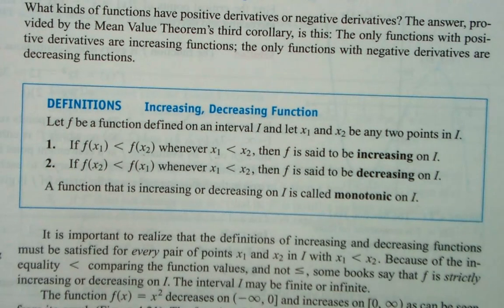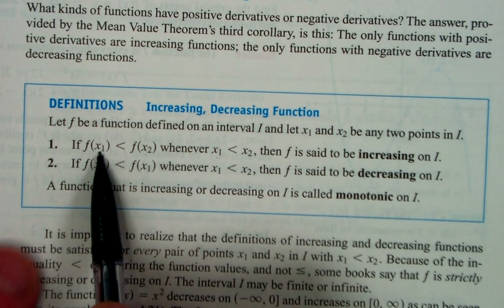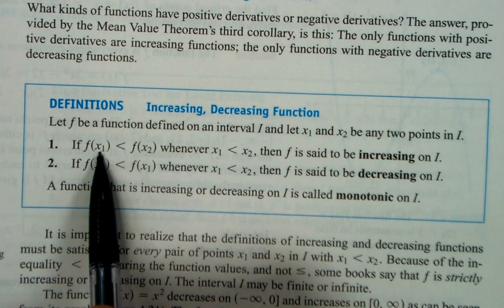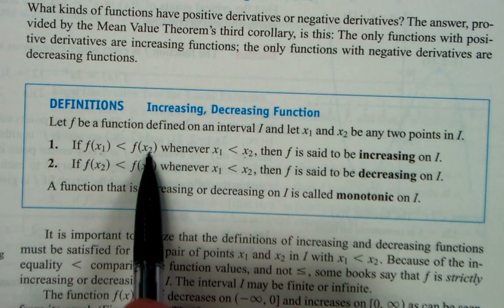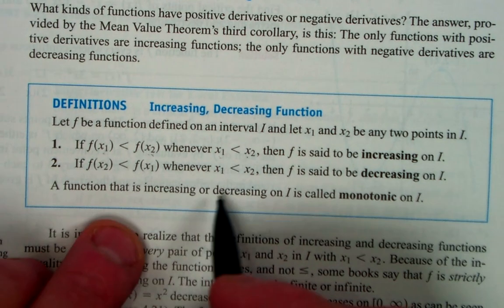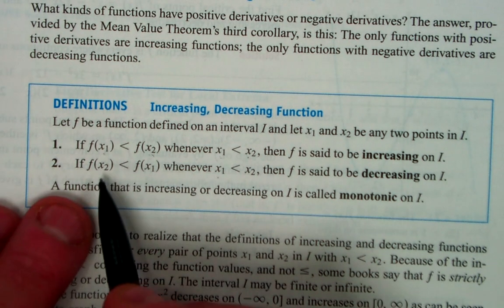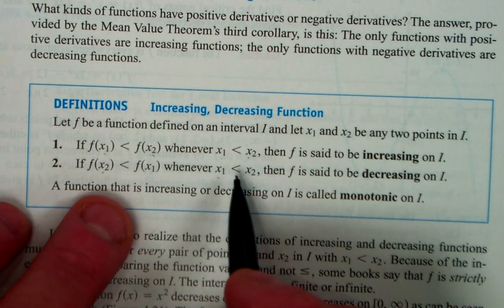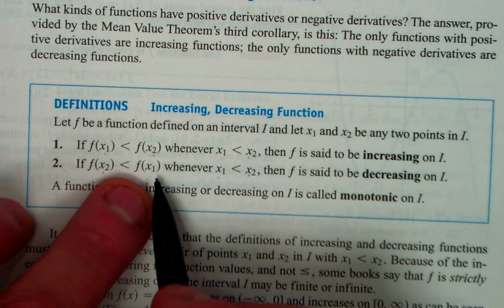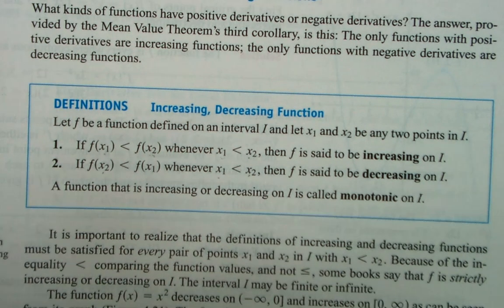When I put in a smaller number, I get a smaller result. When I put in a bigger number, I get a bigger result. That's increasing. But conversely, if I put in a smaller number and get a bigger result, and when I put in a bigger number, I get a smaller result, then it's decreasing.